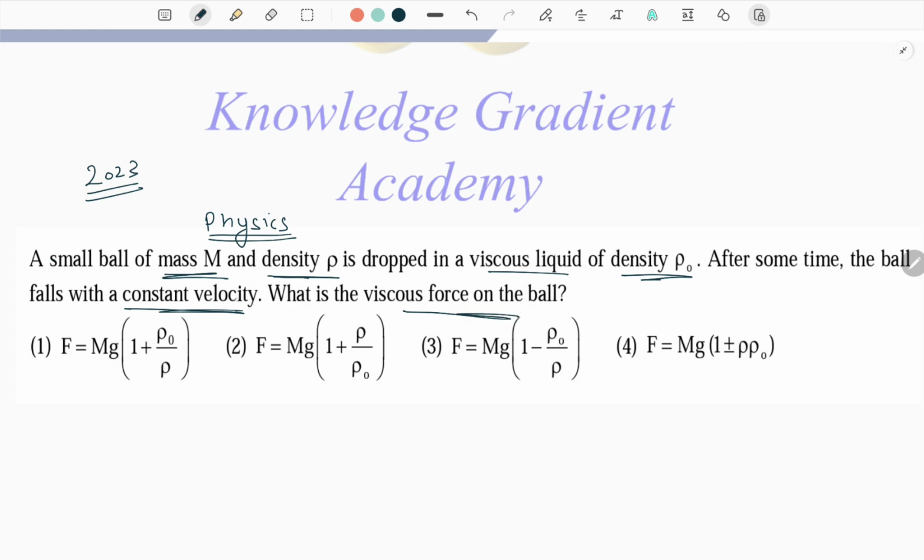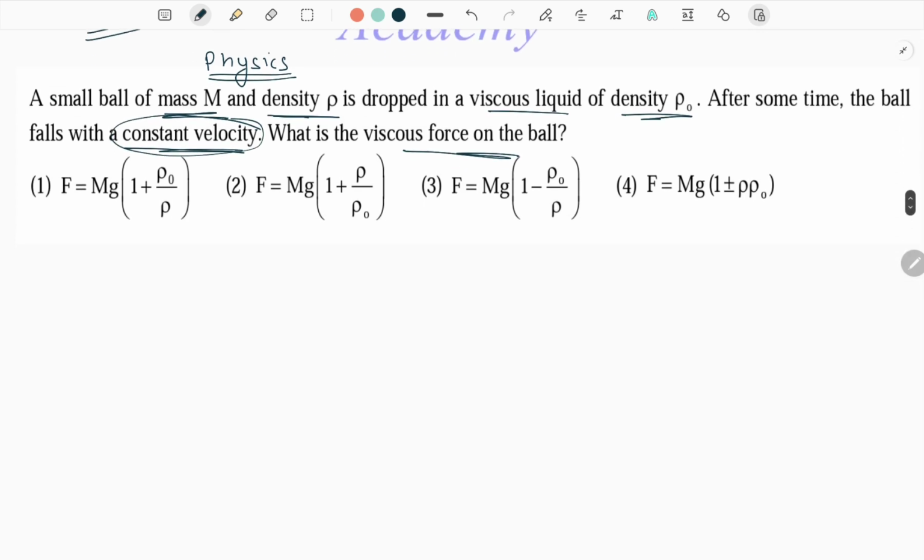So after some time, it reaches a constant velocity. That constant velocity is also known as terminal velocity. And what is the definition of it?